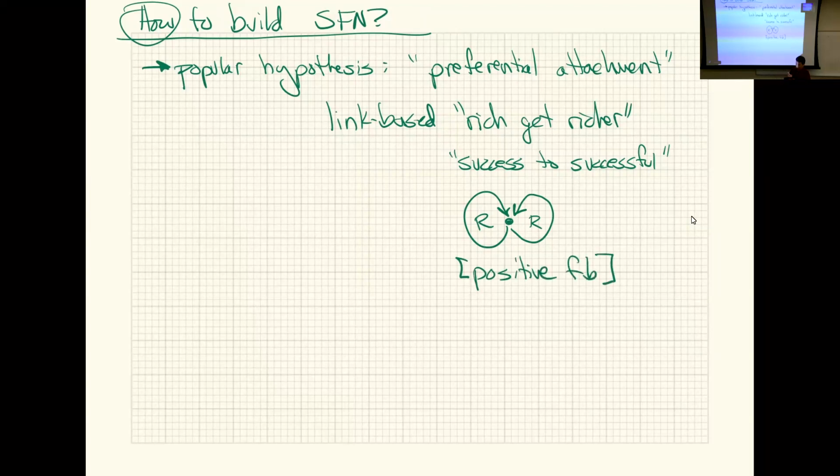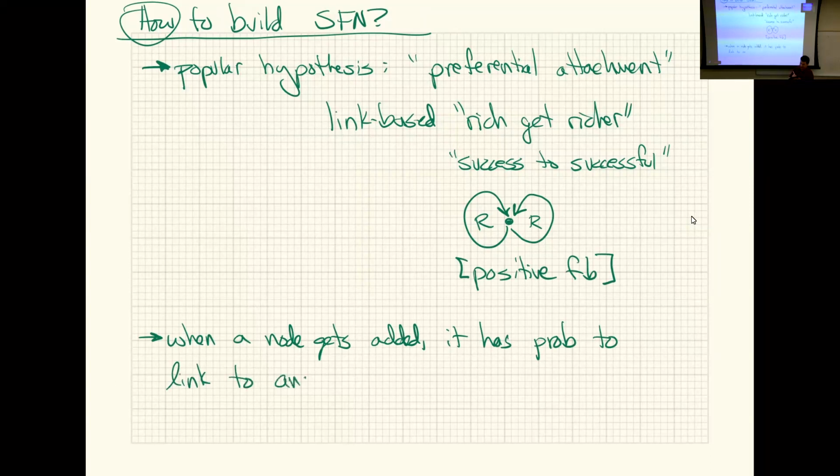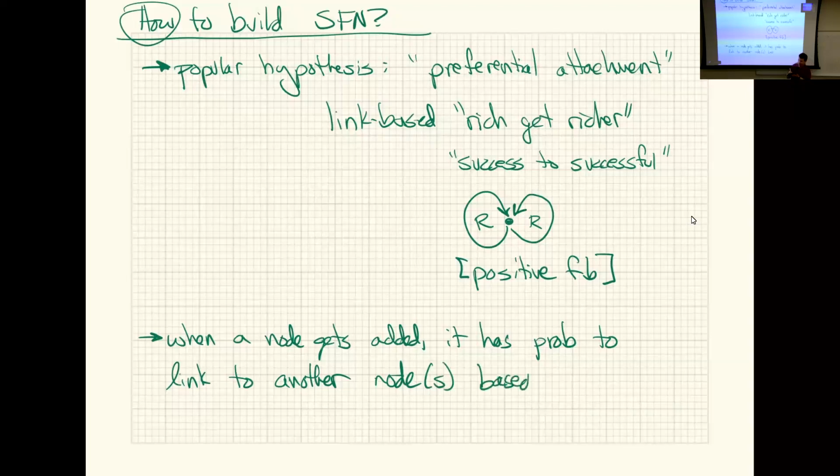And the idea here is that when a node gets added, it has a probability to link to another node or nodes based on the in degree of that node.